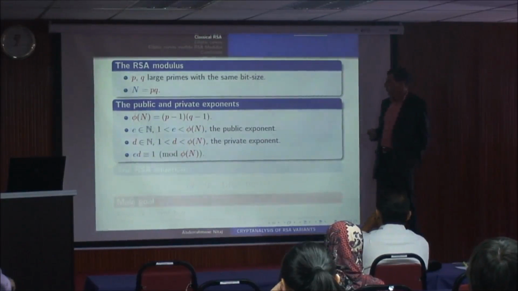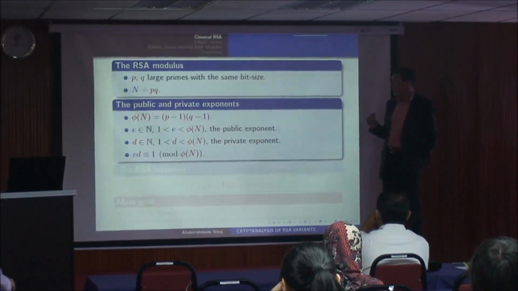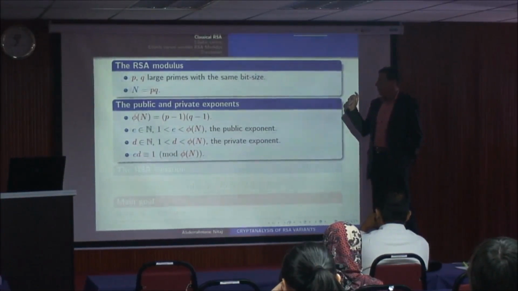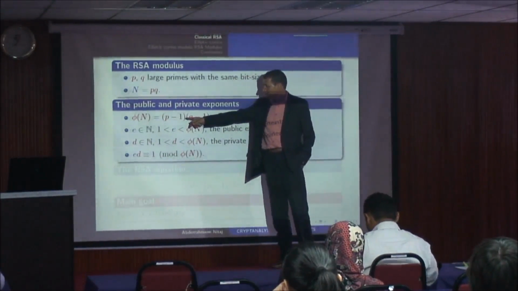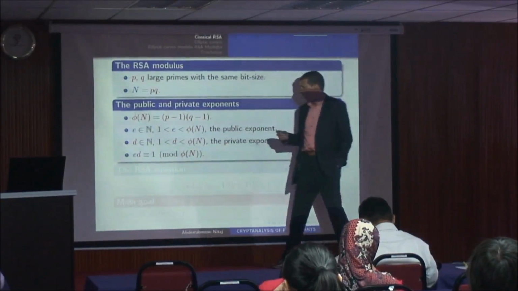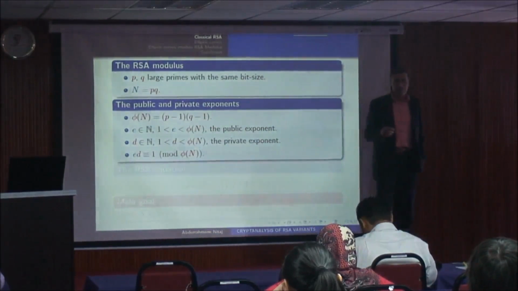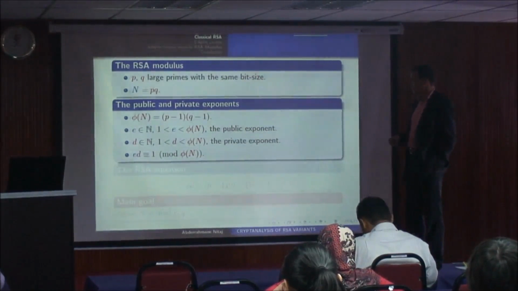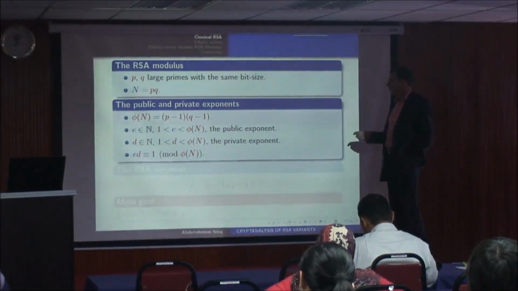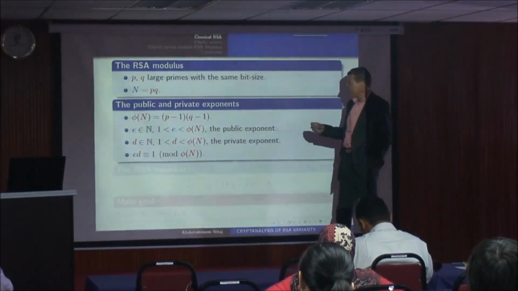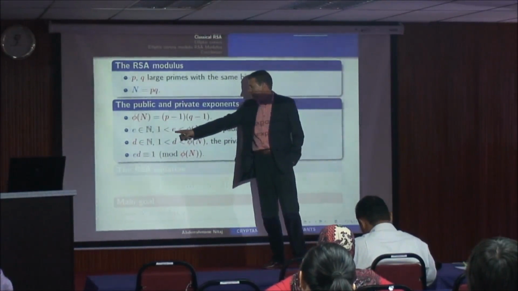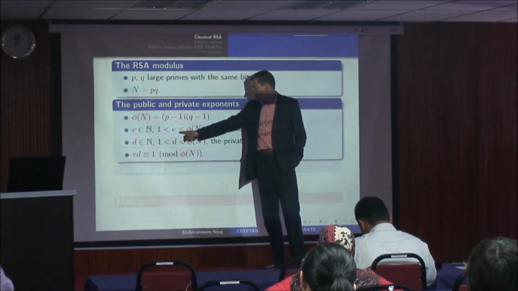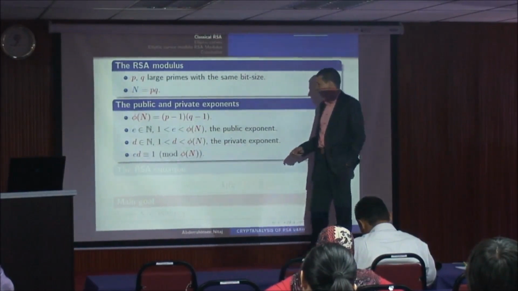So the other parameters are the function phi(n), which is the product (p minus 1) times (q minus 1), and this is Euler's totient function. Also another very important parameter is the integer e, which is between 1 and phi(n).